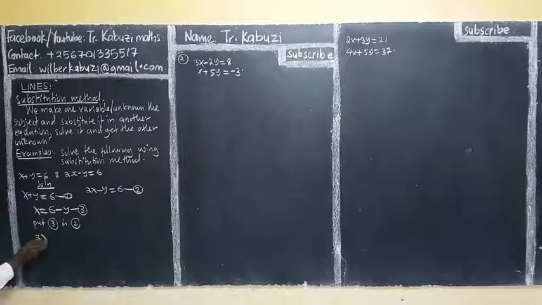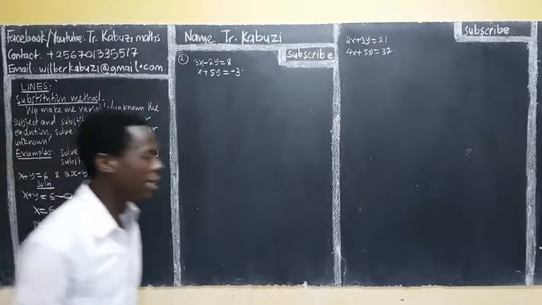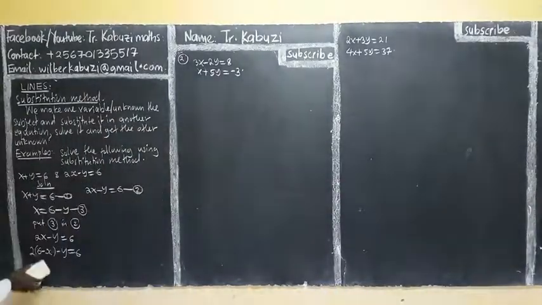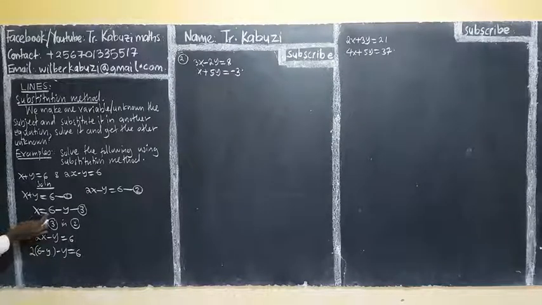So from 2, 2x minus y equals 6. Now where there is x, I put this: 2 into (6 minus y), minus y equals 6. Where there is x, I'm putting my substitution, since x is 6 minus y.